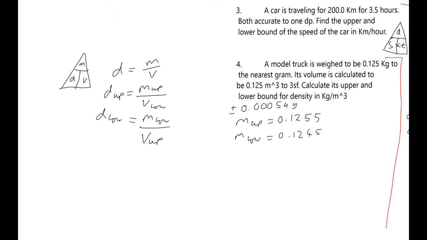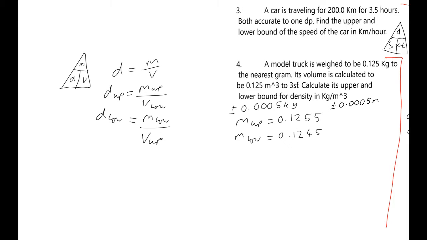Moving on to volume, we have calculated the volume to 3 significant figures. Remember, significant figures, this is not a significant figure, so 1, 2, 3. So therefore, it's going to be plus or minus half of that third dot, or the thousandth. So we're going to be at plus or minus 0.0005 meters.